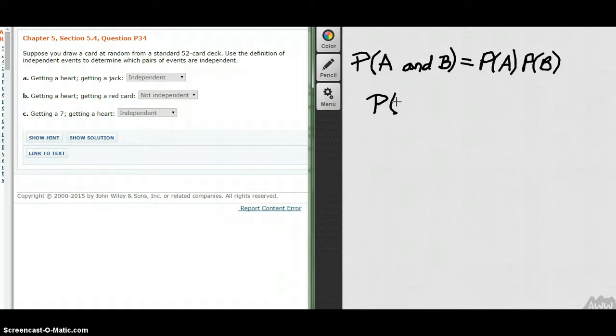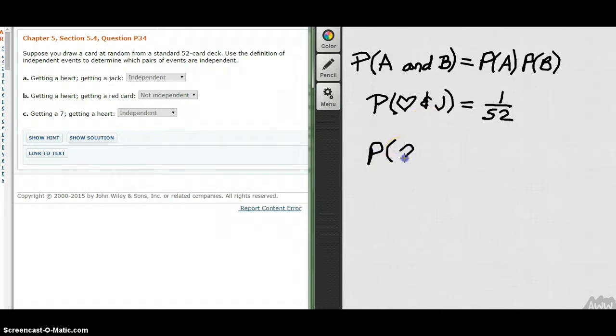So the probability of A and B would be probability of heart and jack in our case. Well, if we need to have a heart and we need to have a jack, in other words, we need to have the jack of hearts, there's only one out of the 52 cards that's going to give us that. So that's what we're looking at as the intersection of those two events.